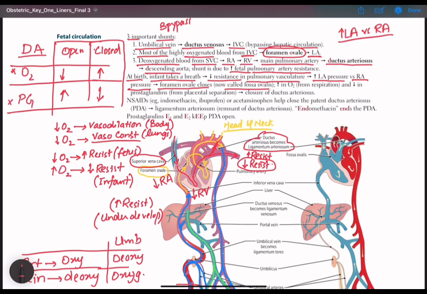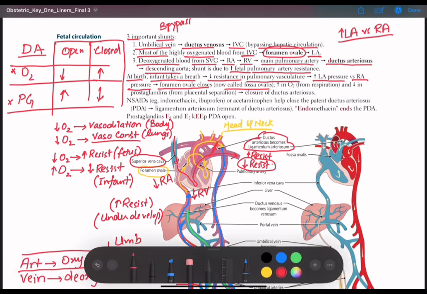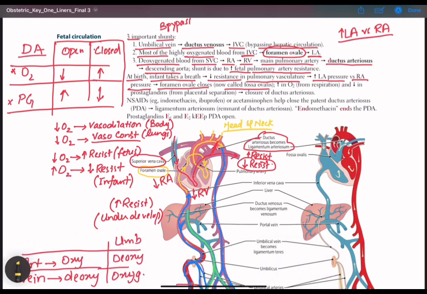So what happens after birth? After birth, the oxygen saturation increases while the prostaglandin concentration decreases. At birth, we have increase in O2 from respiration and decrease in prostaglandin production due to separation of placenta. This leads to closure of ductus arteriosus.